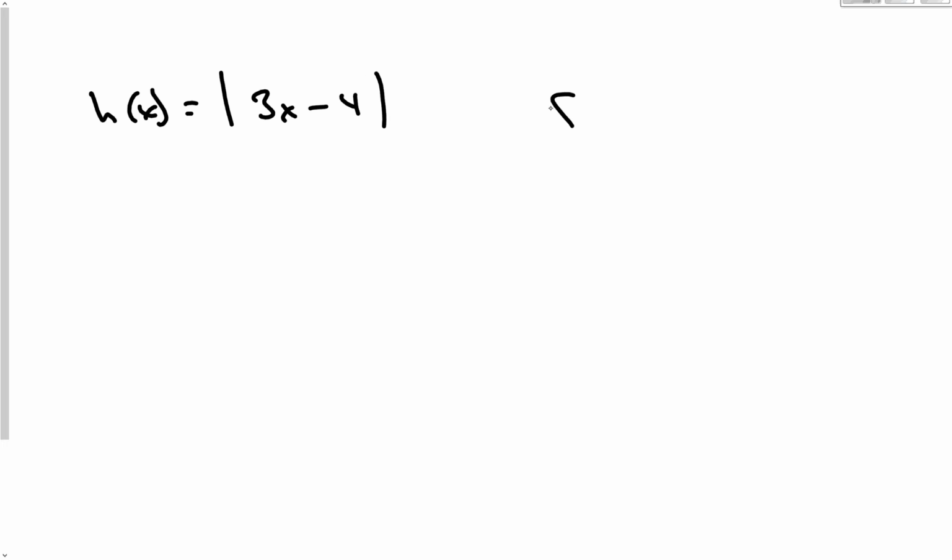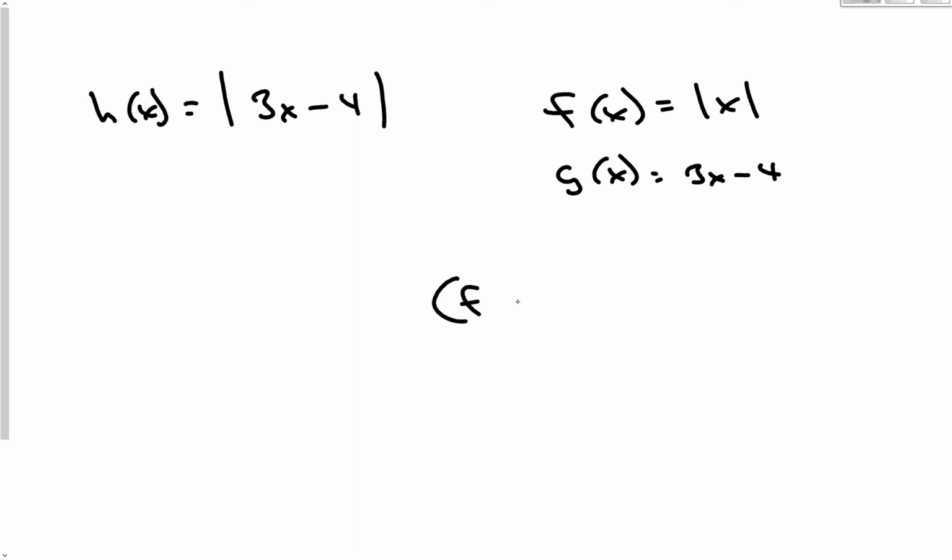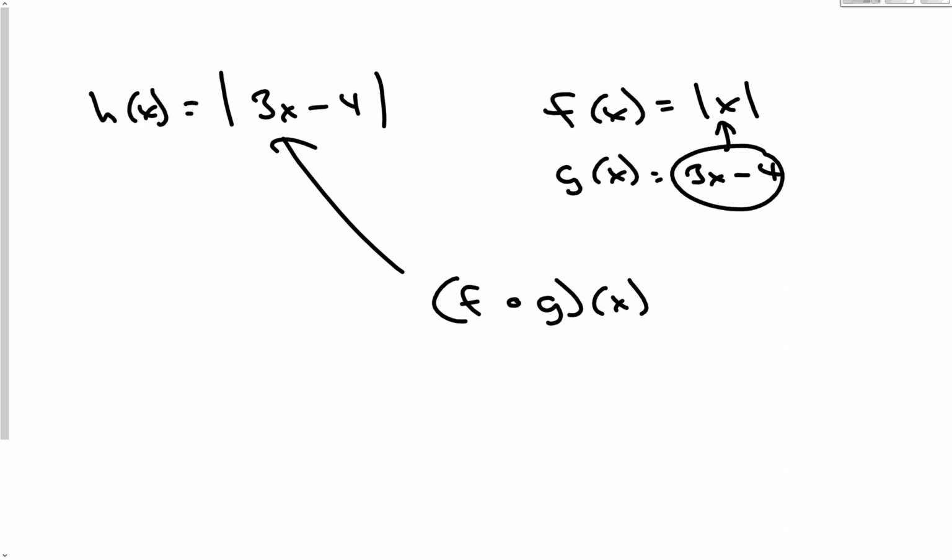I could split that into f of x and g of x. I look for the function on the outside and the function on the inside. And then my function would be f of g of x to give me h, g inside of f.